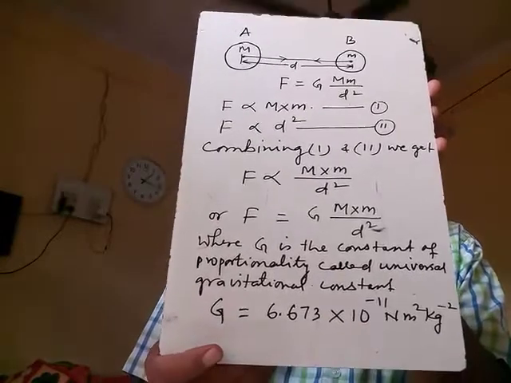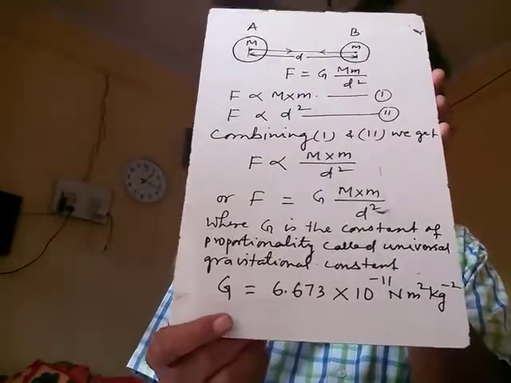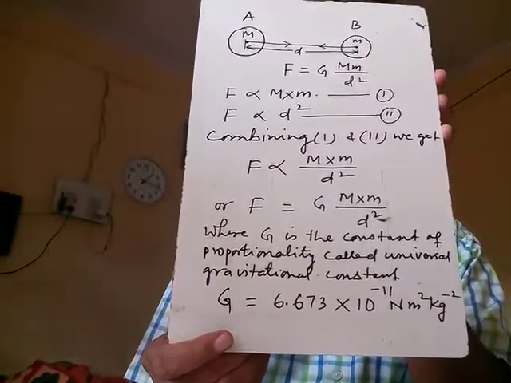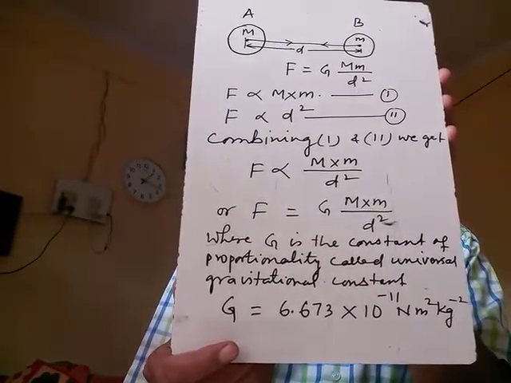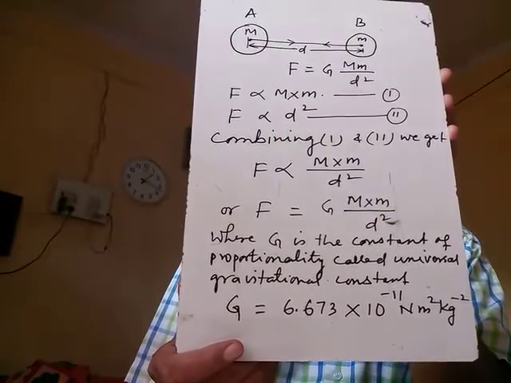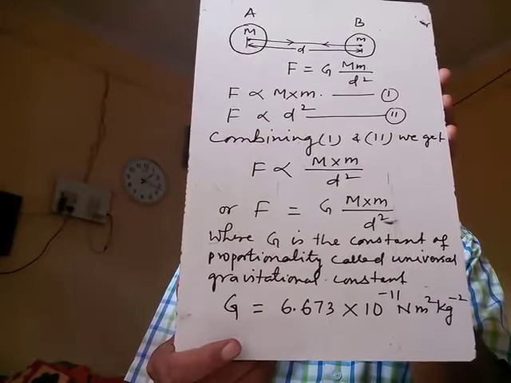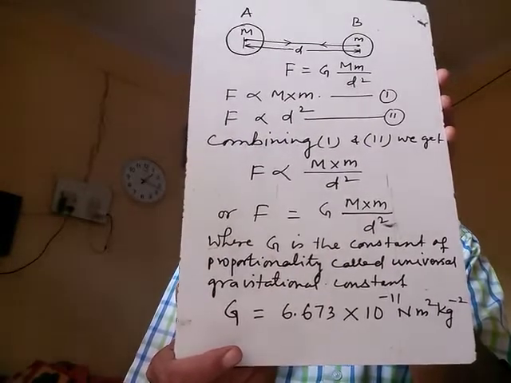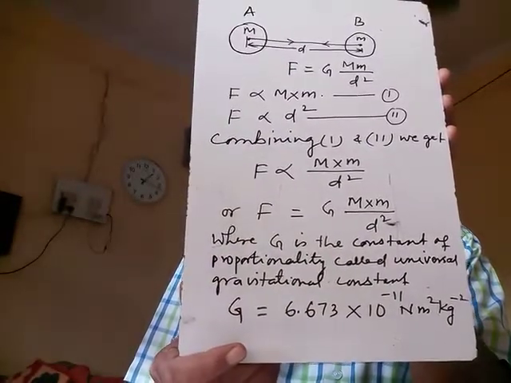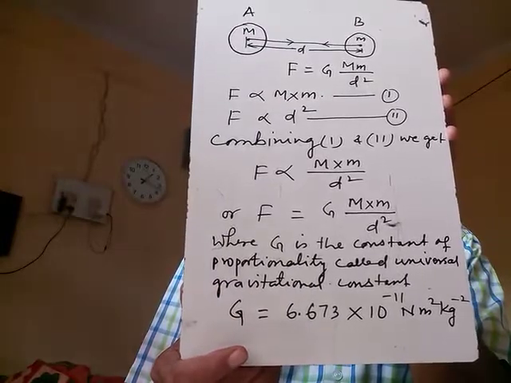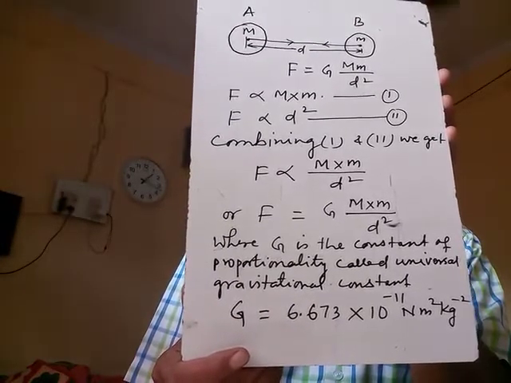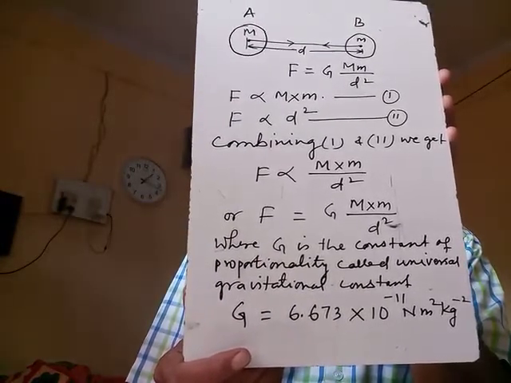If we combine these two together, F is directly proportional to M into m divided by d square, with a proportional sign. If we equate this equation, we have to introduce one constant.